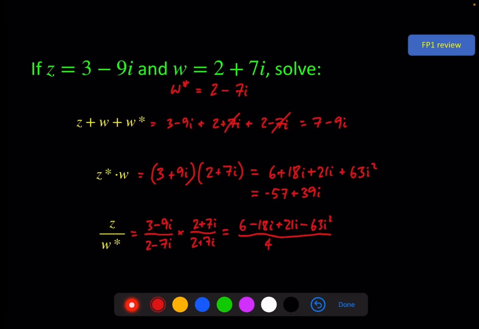And remember, this is coming from minus 7i times 7i, which gives minus 49i squared, which gives plus 49, and the two other i terms cancel out. And all of that simplifies to 69 plus 3i divided by 53. And the reason you would normally do this is to write it like this.